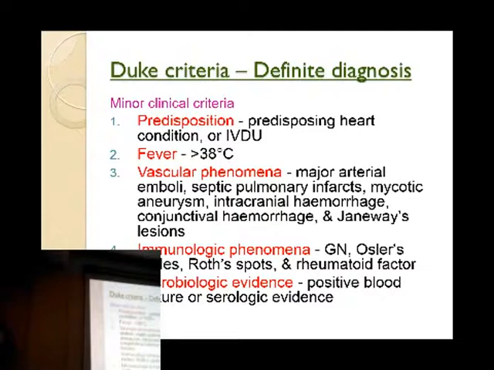So that is again an immunological phenomenon. Then microbiological evidence of positive blood culture. Here we take a positive single blood culture because we have already taken 2 positive blood cultures as a major criterion, or any other serological evidence or immune staining evidence to prove a microbiological organism.